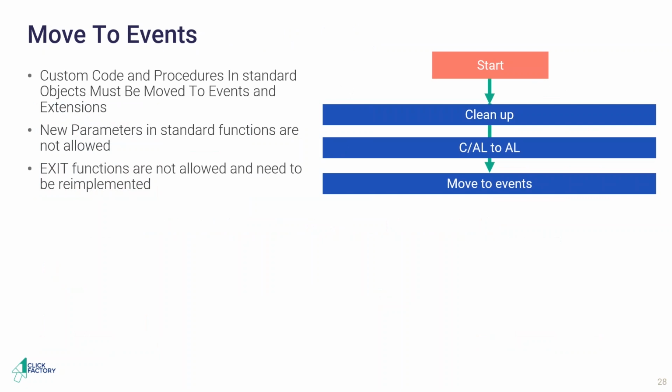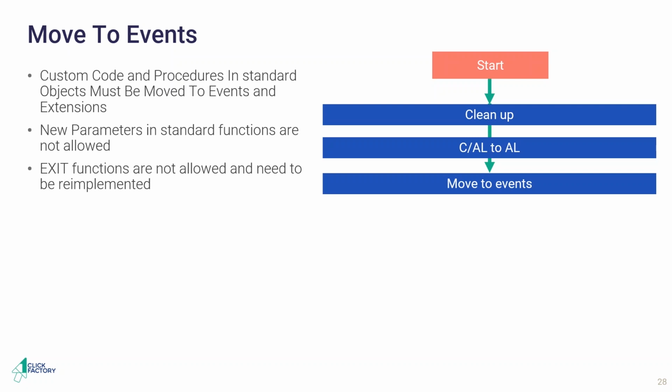The move to events step is basically taking the custom code in our standard objects and moving this custom code to our extension. So we take the custom code procedures and move them to events, then connect those events or subscribers to the publishers, and we try to do this with as much code as possible.